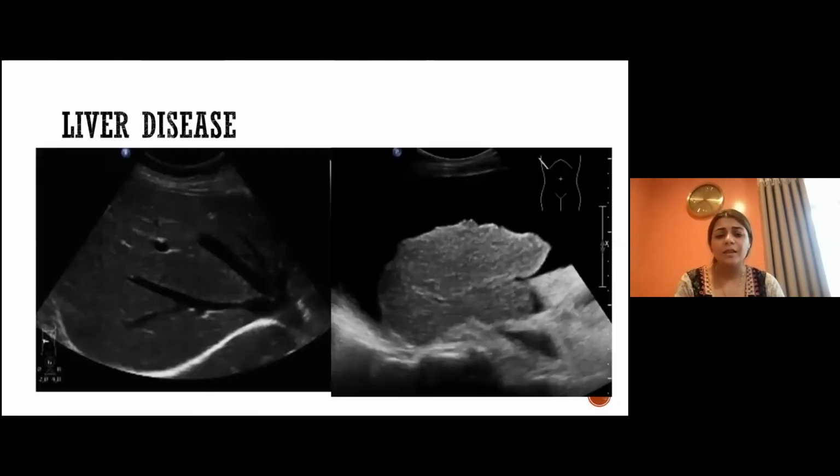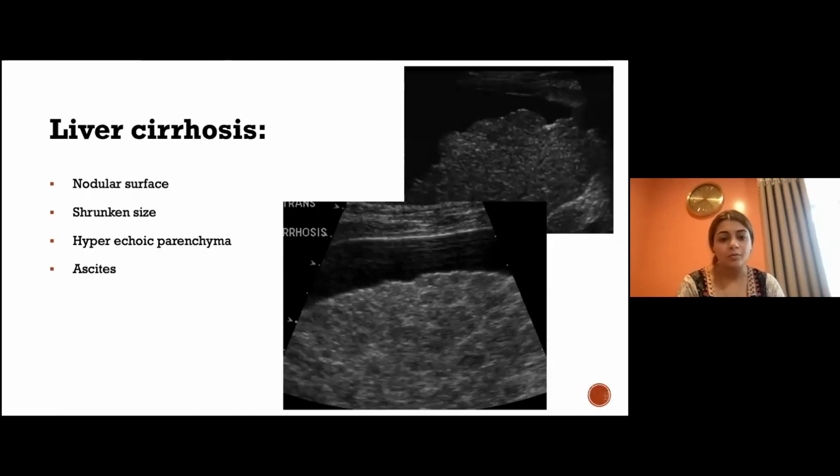Also, to compare with liver disease, I have images next to each other. This is your normal liver, and then over here you can see the nodularity in the liver image, and I will go through it as I move forward. So in liver cirrhosis, you see the nodularity, the shrunken size of your liver, the hyperechoic parenchyma, and ascites.